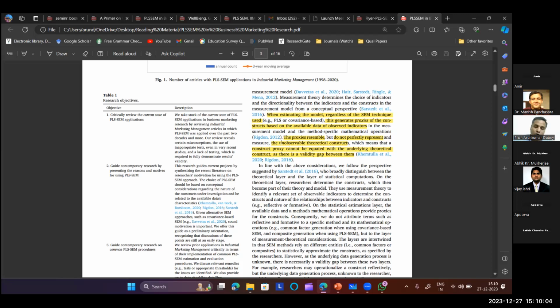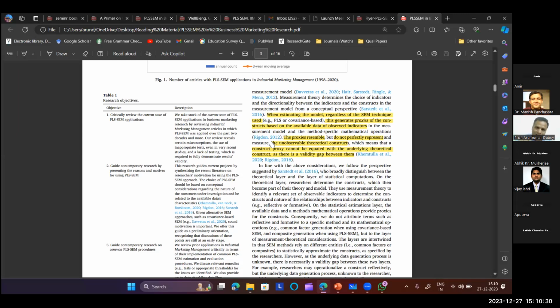But you read this paper and you'll come across when to use PLS-SEM and when to use CBSEM. Again, the controversy between PLS-SEM and CBSEM is with regard to the estimation of the latent construct. PLS-SEM is also known as composite-based SEM.